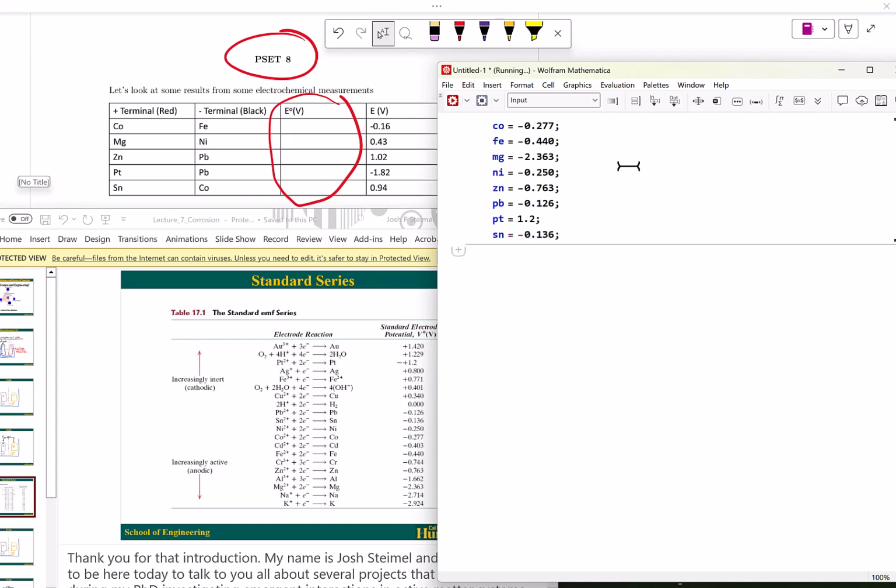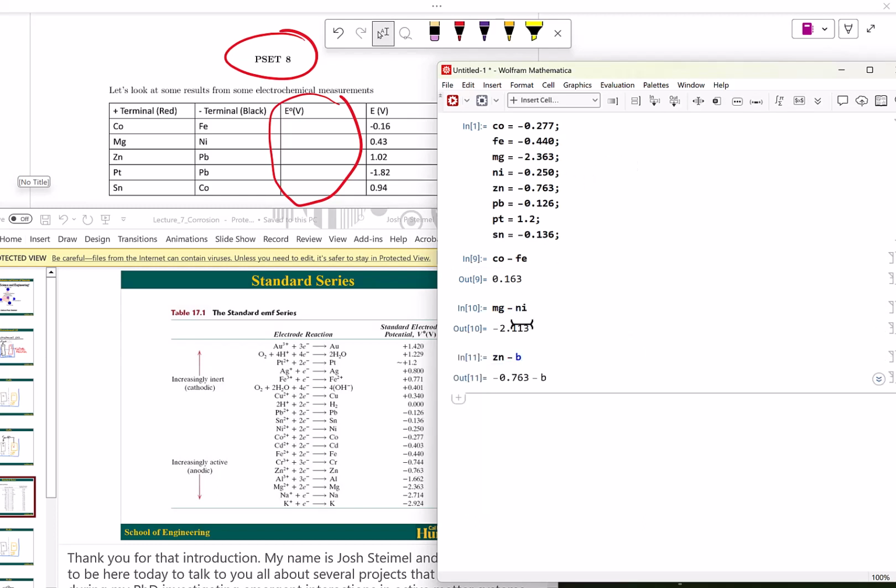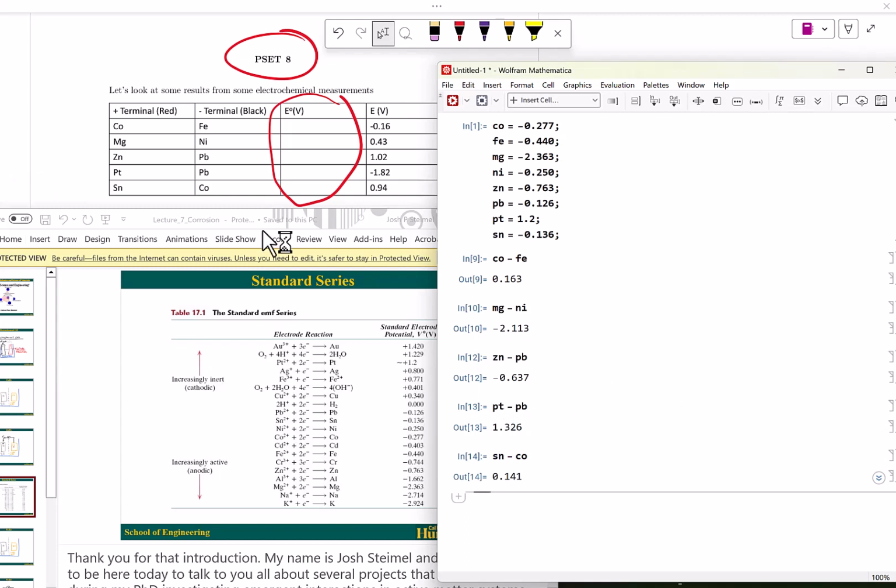Perfect. All right, so now again, our E naught is the positive terminal minus the negative terminal. So let's go ahead and do Co minus Fe, Mg minus Ni, Zn minus Pb, Pt minus Pb, and then Sn minus Co. We can double check that this makes sense.